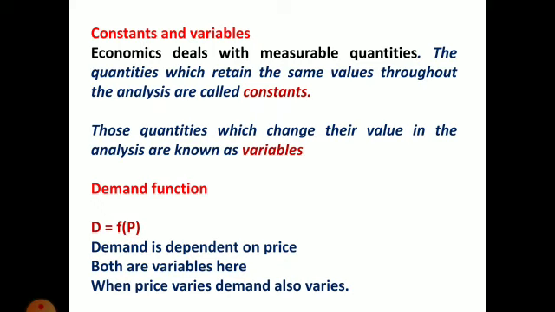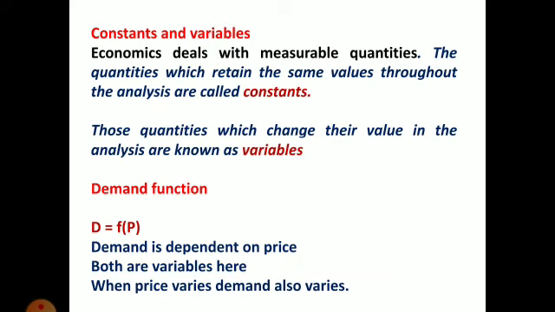Both are variables here. Why do we say both are variables? When price varies, demand also varies. The only difference is that price is an independent variable, demand is a dependent variable. But remember, both change. When price changes, demand also changes. So both price and demand are variables.